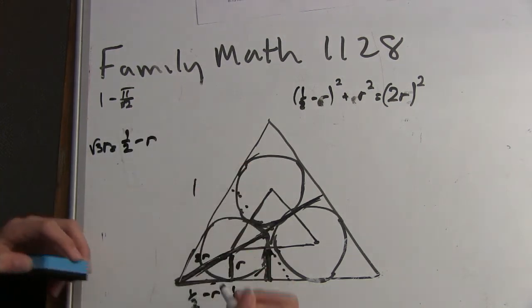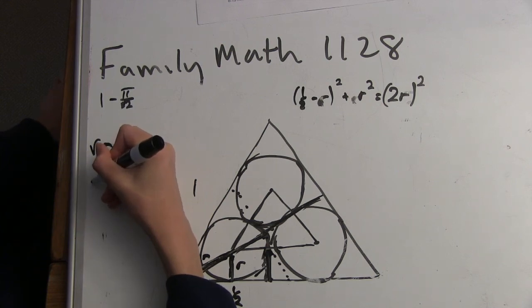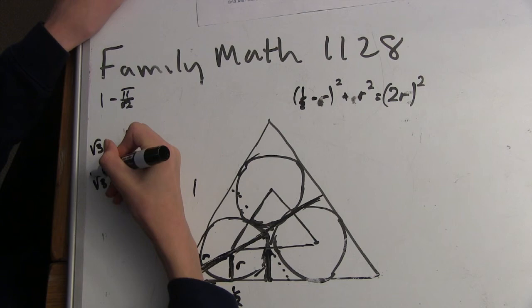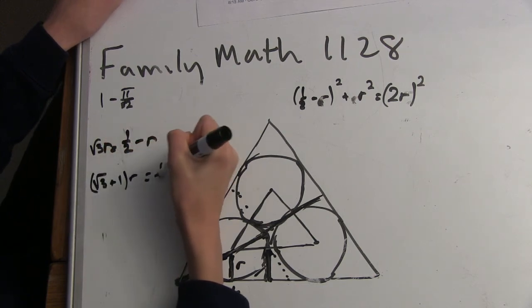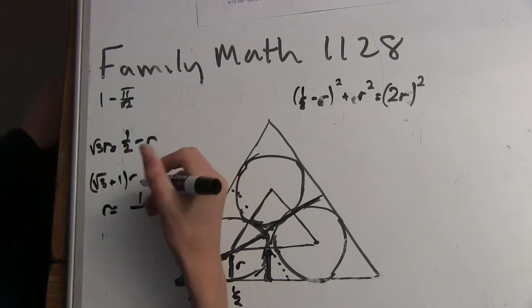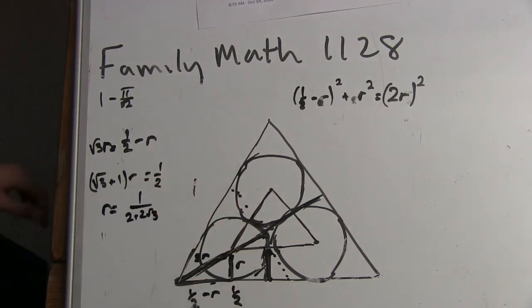Okay, so that means we know that root 3 plus 1, or 1 plus root 3 times r equals 1/2, and r equals 1 over 2 plus 2 root 3. Or we could write it as r equals 1/2 times 1 over root 3 plus 1.